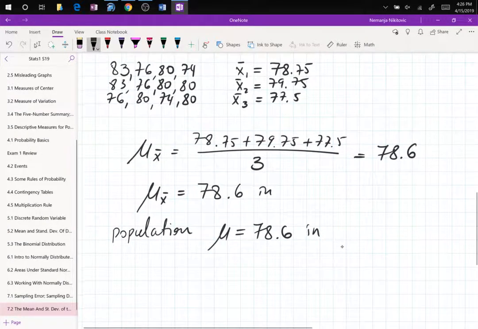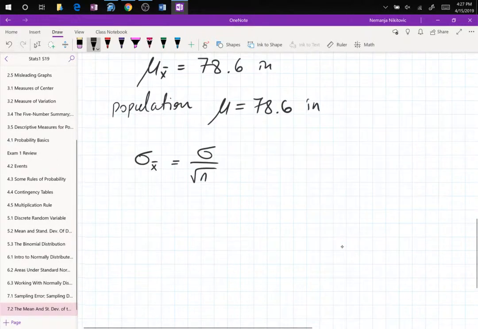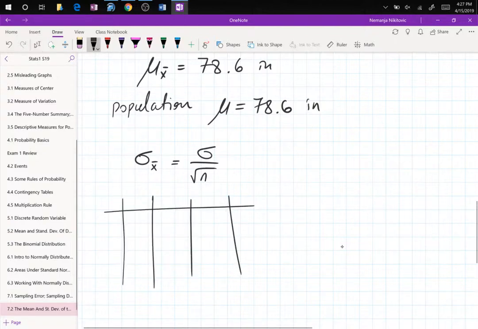So that's the mean. And now to find the standard deviation of these means, it is the regular population standard deviation divided by the square root of the sample size n. So we actually have to sit there and figure out the standard deviation, which is that chart. Right?